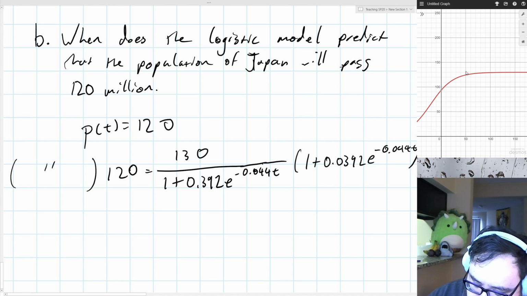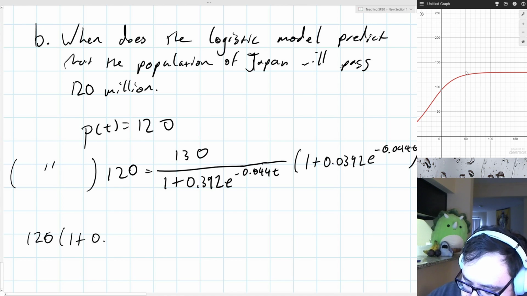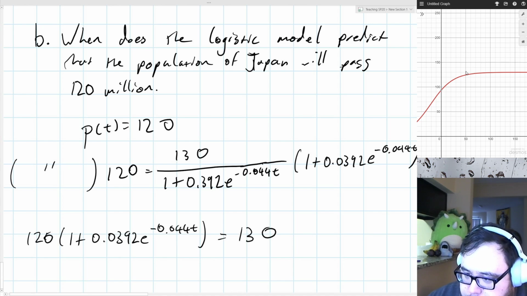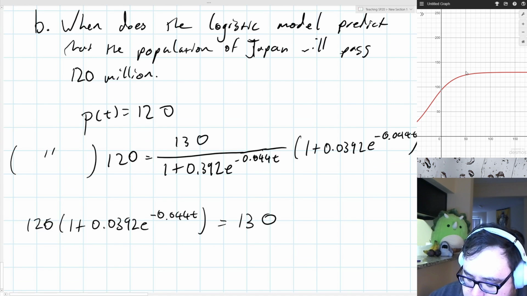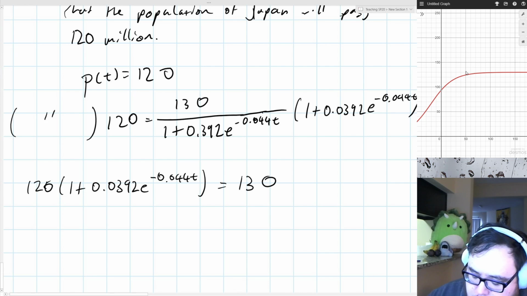And we're going to end up with 120 times 1 plus 0.392 e to the negative 0.044 t is equal to 130. Next, we can distribute this 120.